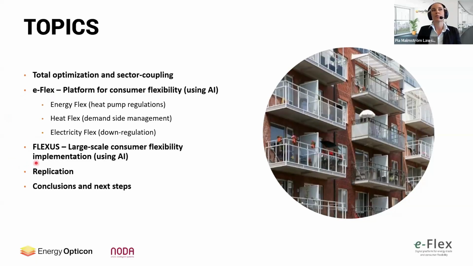And then we will also present another use case from Gothenburg, also in Sweden. So eFlex is in Kraftringen in the south of Sweden, and Flexus is in Gothenburg in the middle to southwest. And then a little bit about replication and next steps of these solutions also.